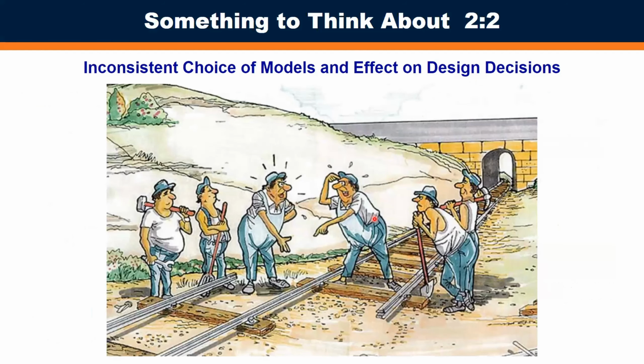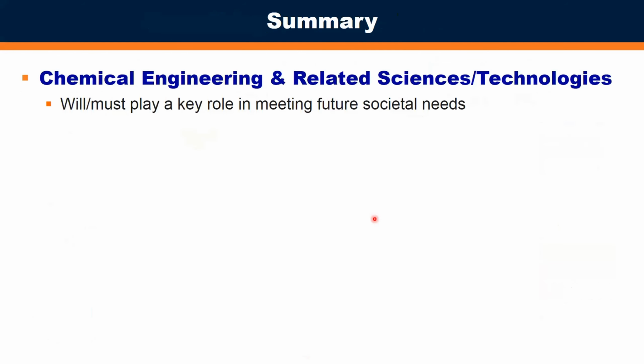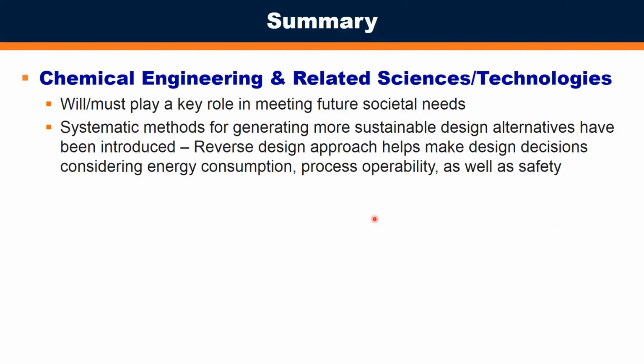So quickly to summarize here at the end, when we look at our field, chemical engineering in general, and process systems engineering in particular, we will have a key role to play, and we must play a key role in meeting our future societal needs. We've introduced through the last couple of webinars, and more will be coming through the series, some systematic methods for generating more sustainable design alternatives.